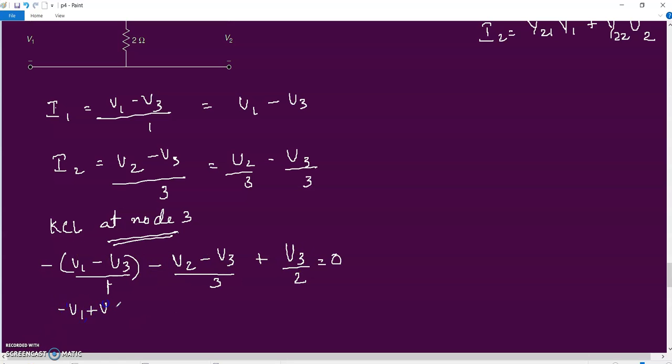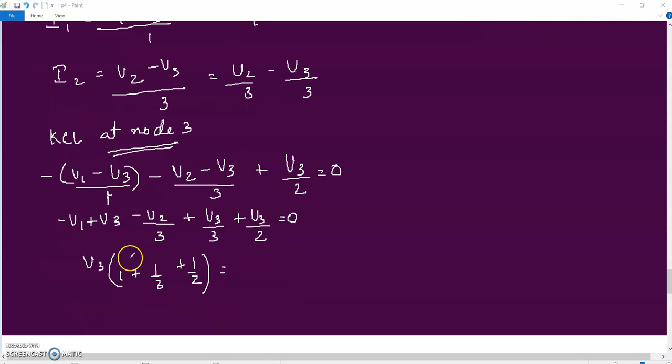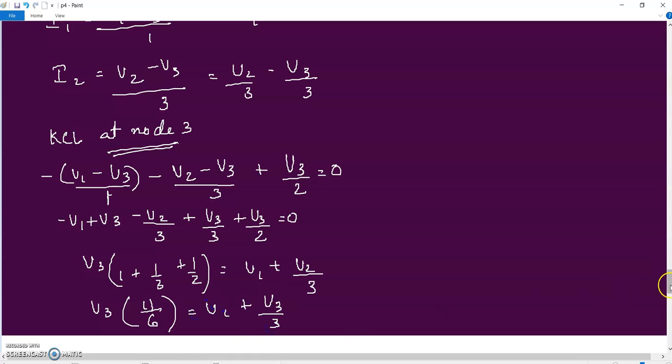Minus V1 plus V3, minus V2 by 3 plus V3 by 3 plus V3 by 2 is equal to 0. So V3 into (1 plus 1 by 3 plus 1 by 2) is equal to V1, we are taking to this side, V1 plus V2 by 3. So V3 into 11 by 6 is equal to V1 plus V2 by 3.